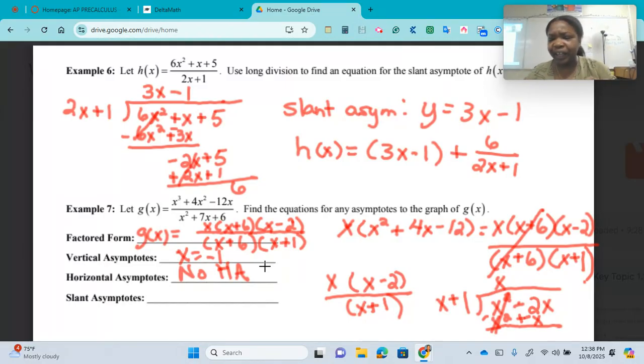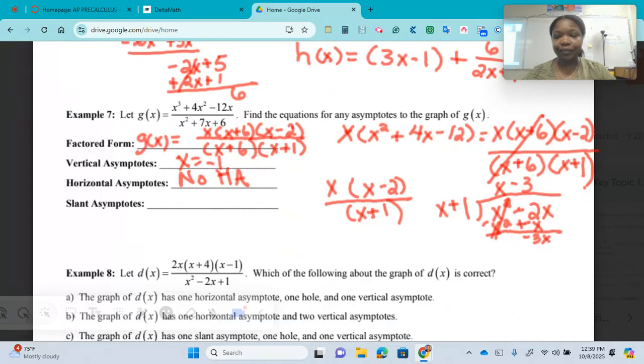We have negative 2x minus x is negative 3x. And then x into negative 3x is minus 3. Negative 3 times x is negative 3x.